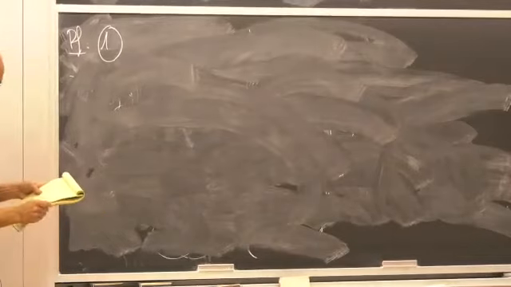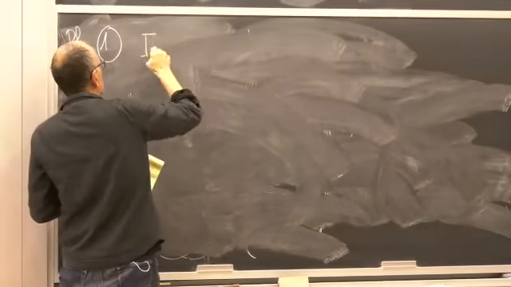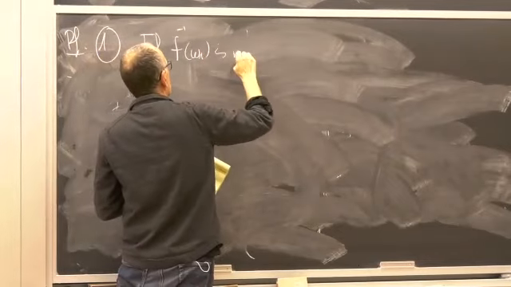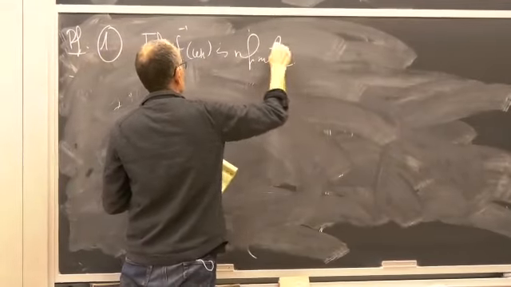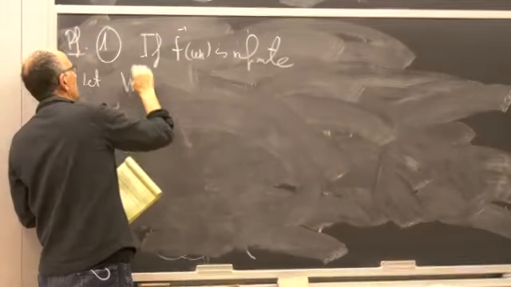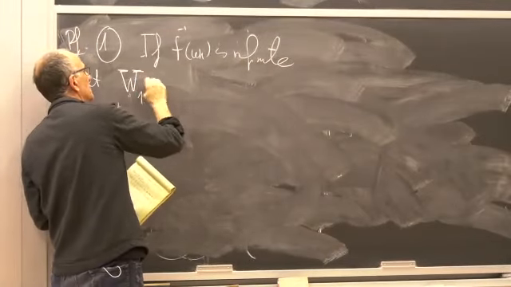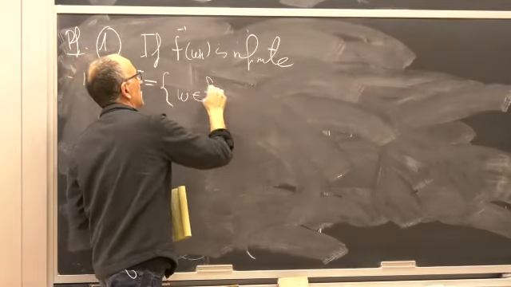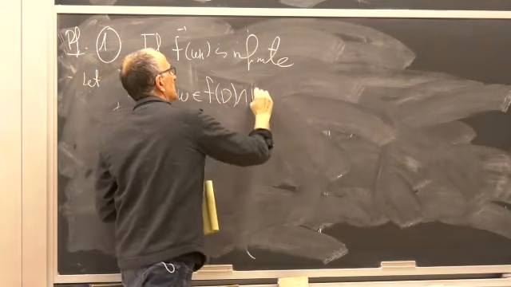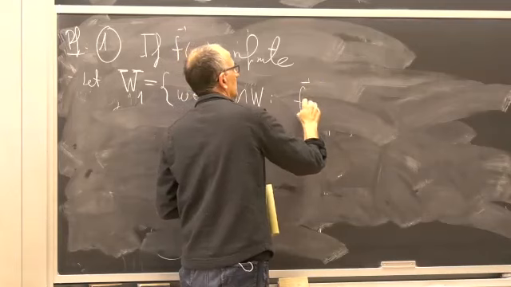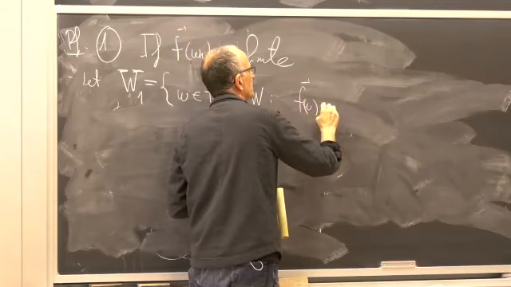1, if F inverse of W1 is infinite, let W1, big W1, be the set of all W inside F of D intersection W, such that F inverse of W is infinite.